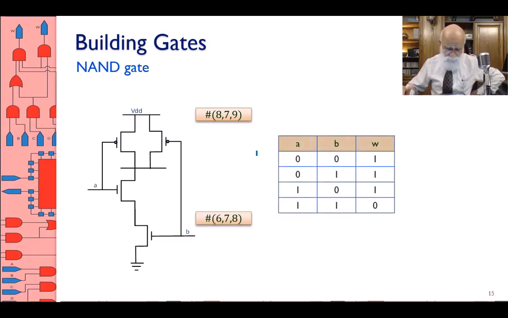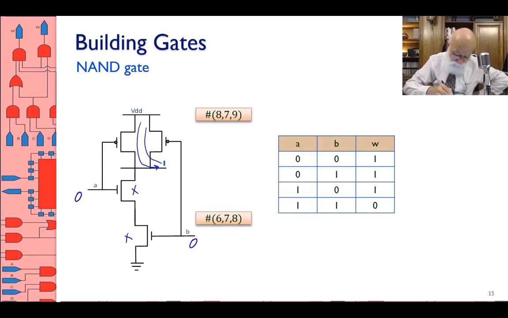Let's do this. A0, B0. If A is 0, B is 0, this one is open, this one is open, and the pull-up or the PMOS transistors, because they conduct when there is a 0 at their gate, this is conducting, this is conducting, and therefore by two paths I have from VDD to the output.